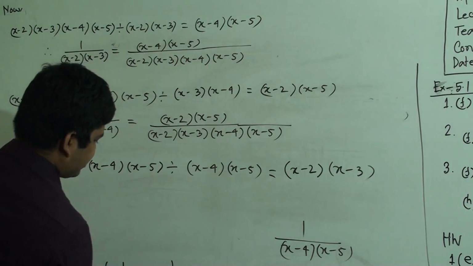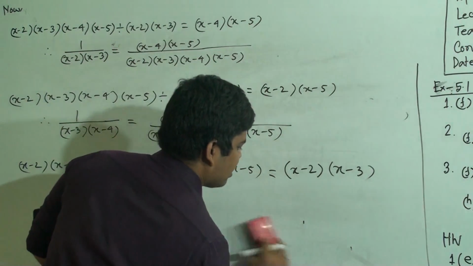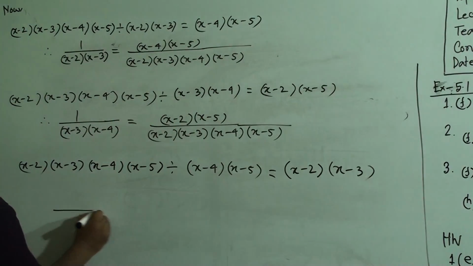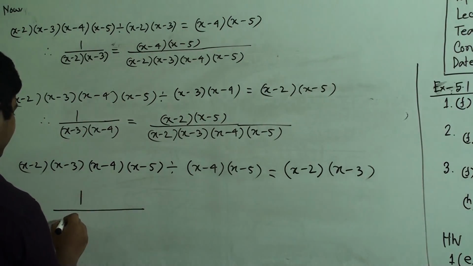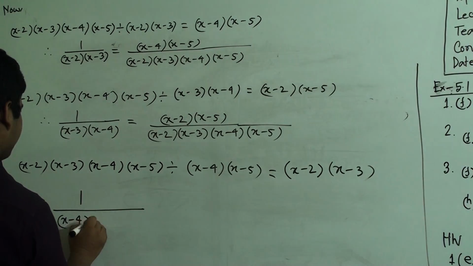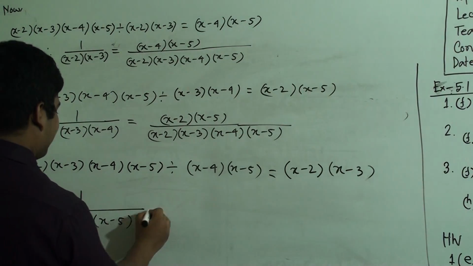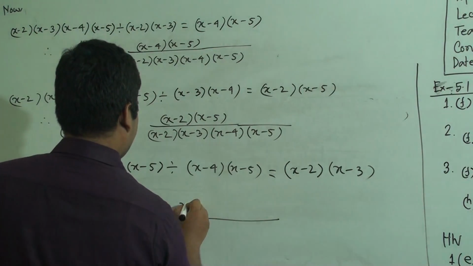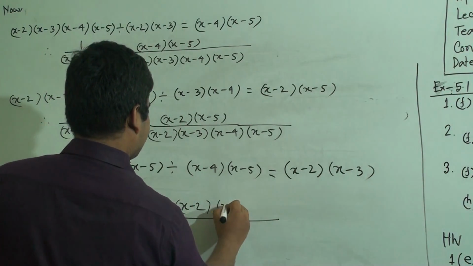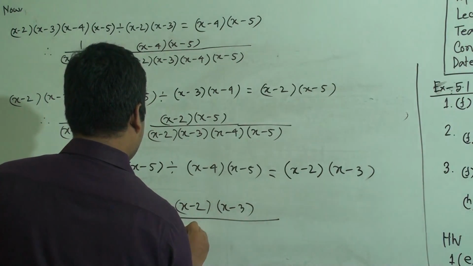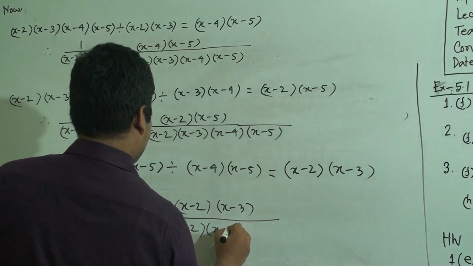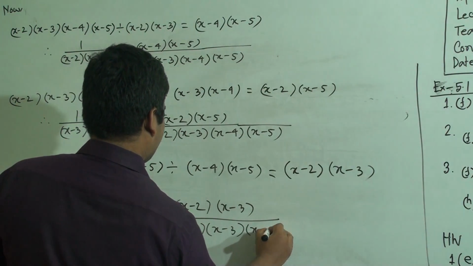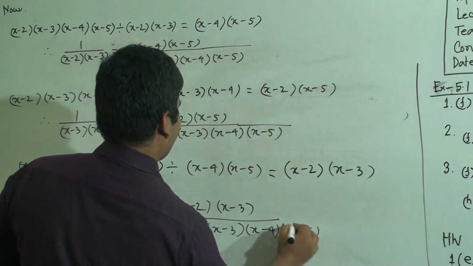Okay, and I erase this to solve the last part of this math. 1 by x minus 4, x minus 5, then multiply, and we get x minus 2, x minus 3, and here x minus 2, x minus 3, x minus 4, and x minus 5.